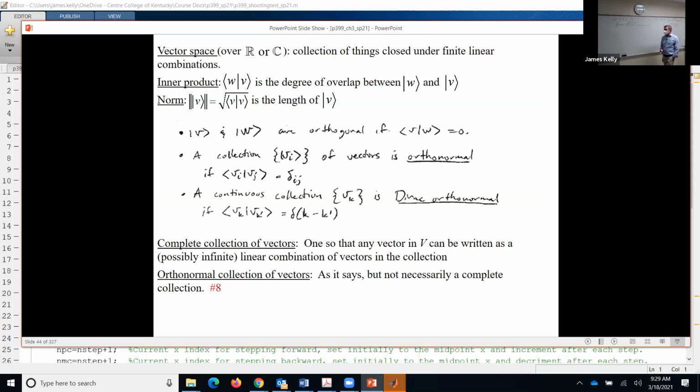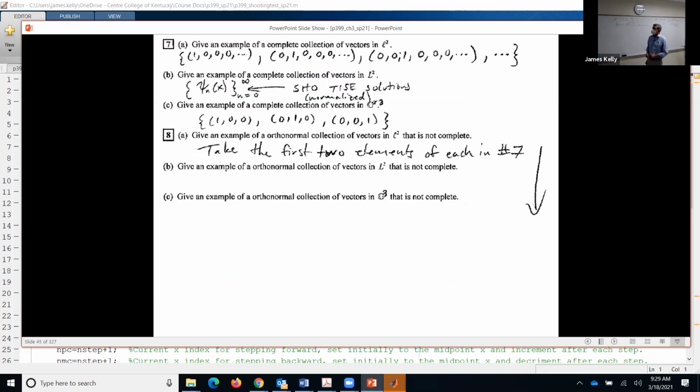So maybe we can just use our work that we already have here. Let me arrow forward here. I probably got my solutions here. An orthonormal collection of vectors in little l2 that's not complete. Well, look, here was a complete collection, and they also happen to be normalized, and they also happen to be orthogonal to each other, right?